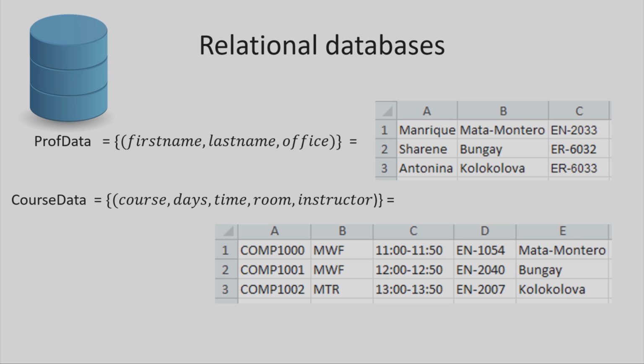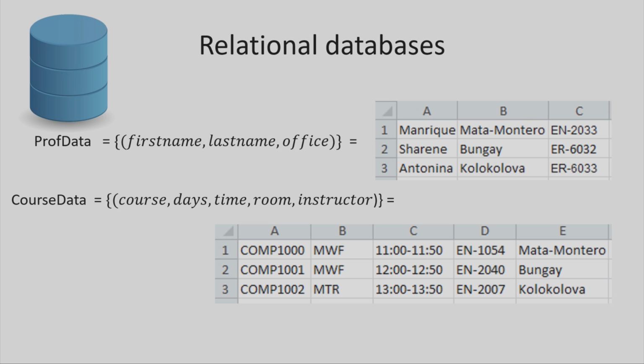Or you may have a different relation in your database, the one that lists courses, and for every course it lists which days the course is offered, at what time, in which room, and who is teaching it. That's another relation, now with 5 variables in it, so it's 5 tuples.